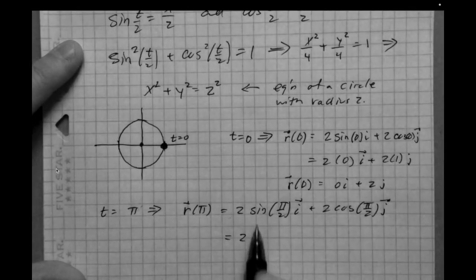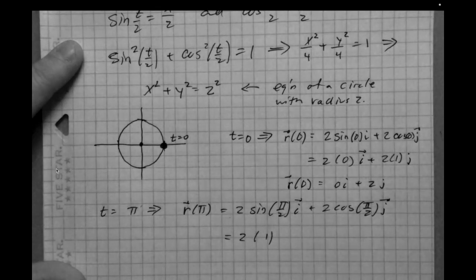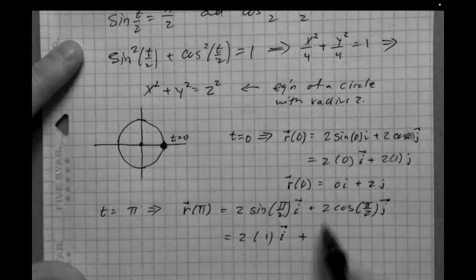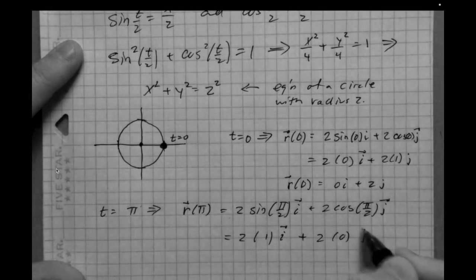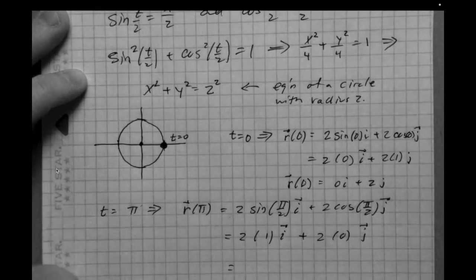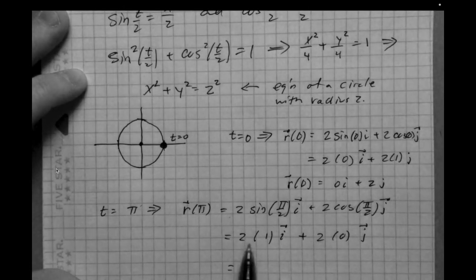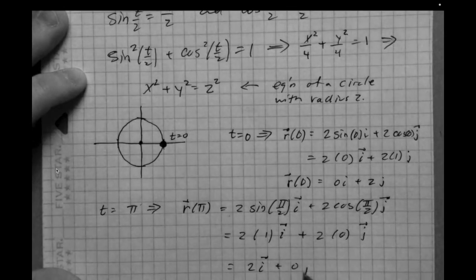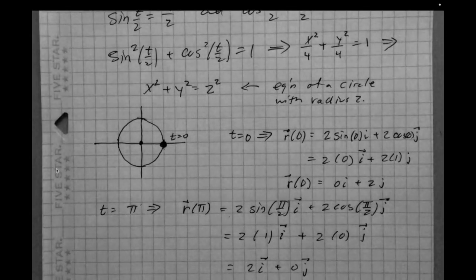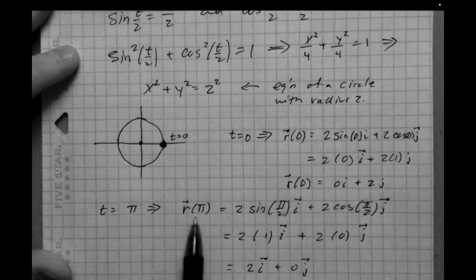Sine of pi over 2 is 1, and cosine of pi over 2 is 0, so this is 2i plus 0j at t equals pi. So where is the particle going to be when t is equal to pi?